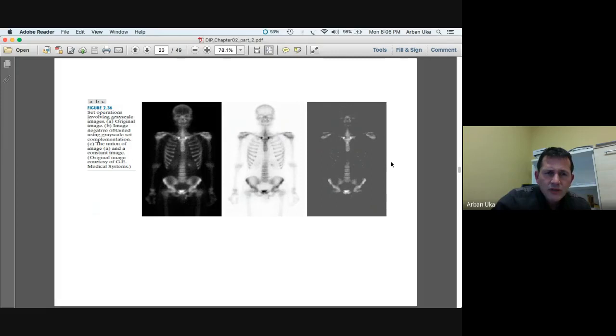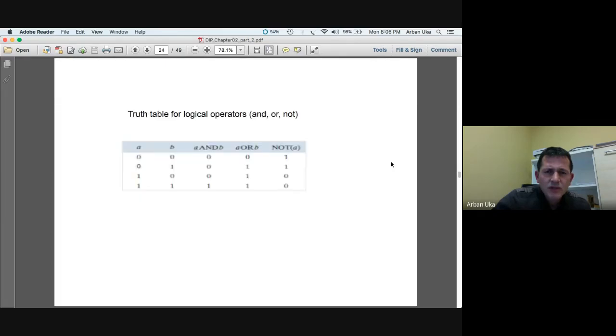Now, other set operations that we can use, we can see in here. We can have an original image, and from this original image, we can find the complement or the negative of the image. Then, in order to see specific elements, we can find the union of the image A plus a constant image to see an enhancement of the regions that we are mostly interested in.